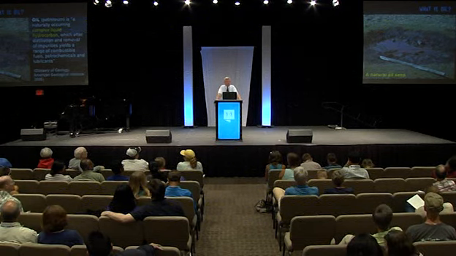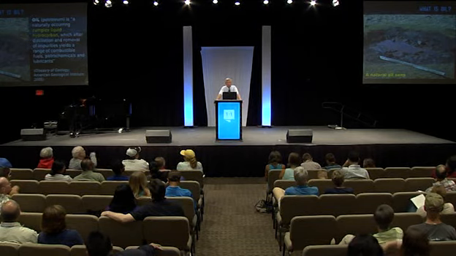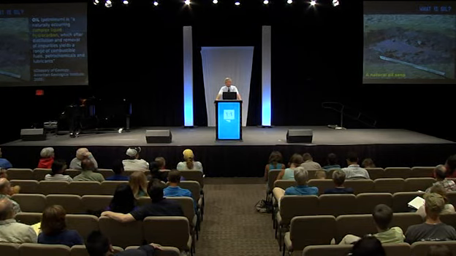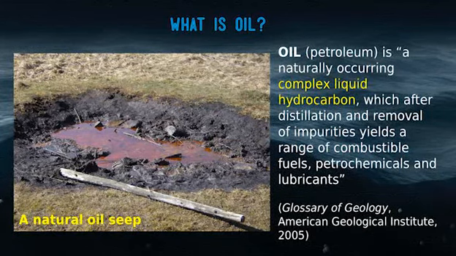Okay, what is oil? And we haven't run out yet, and we're not likely to in the foreseeable future. Oil or petroleum is a naturally occurring complex liquid hydrocarbon which after distillation and removal of impurities yields a range of combustible fuels, petrochemicals and lubricants.